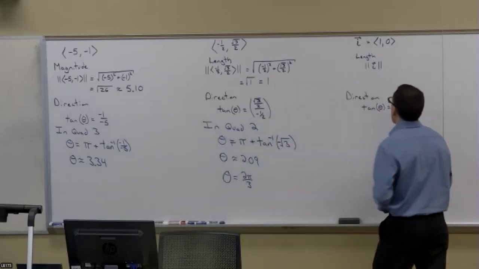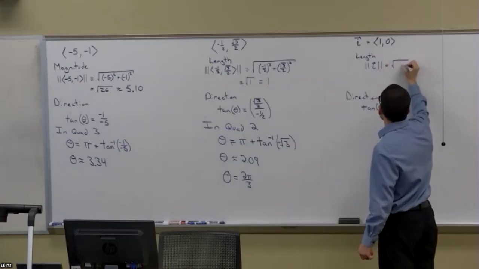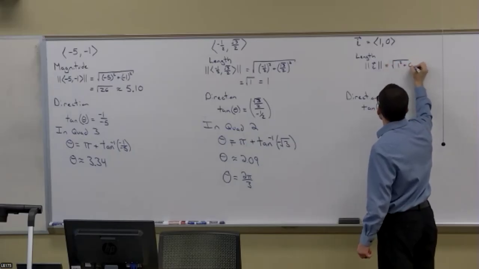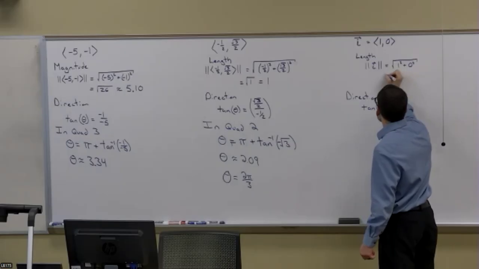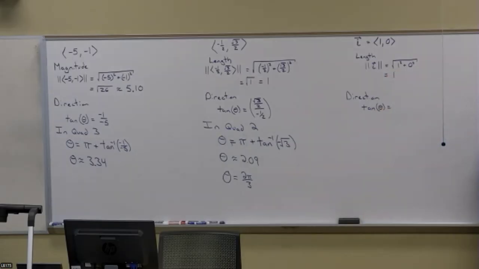Length of I. Remember, I is 1, 0. So the length is 1. That's one of the nice things about having vectors where you only have one non-zero entry, is that the length is just the absolute value of that entry. All right.